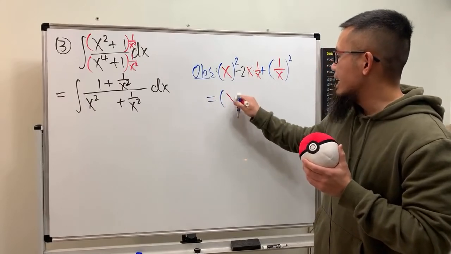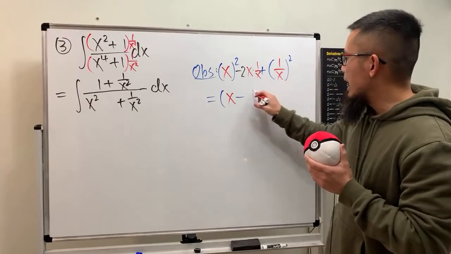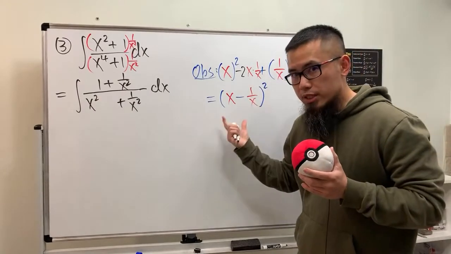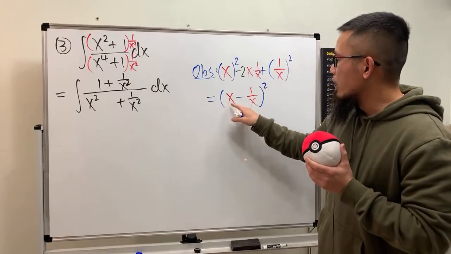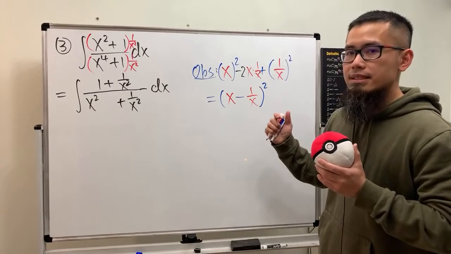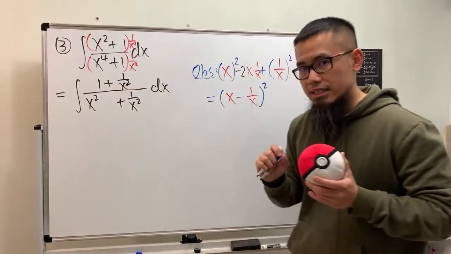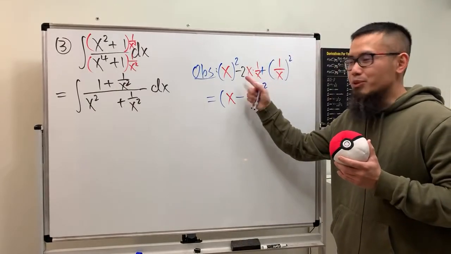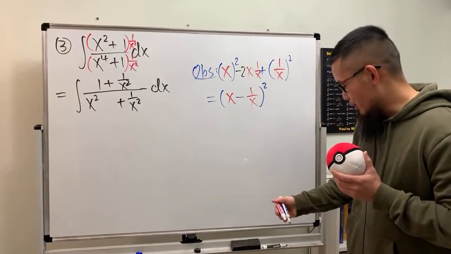This becomes x, and then because of the minus here, it's a minus here, and then we have 1 over x, like so. The reason we want to do this is because we can then just do a u substitution: let u equal x minus 1 over x, and the differentiation for this is just what we have on the top, and that's going to work out very nicely. Of course, we cannot just subtract the 2 times x times 1 over x out of nowhere. It's okay.